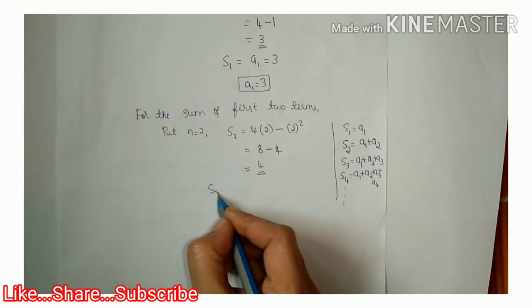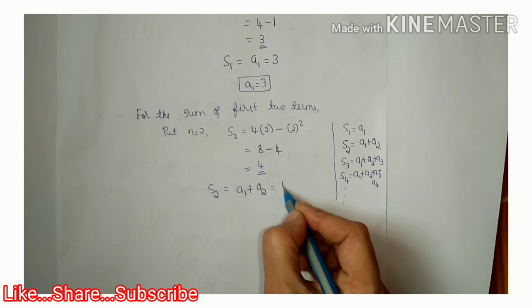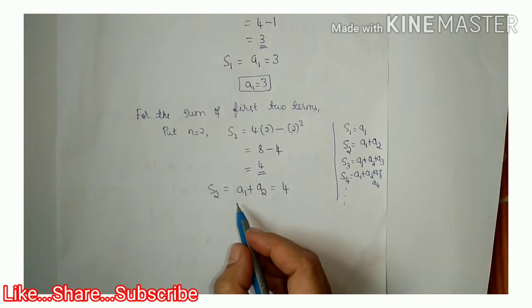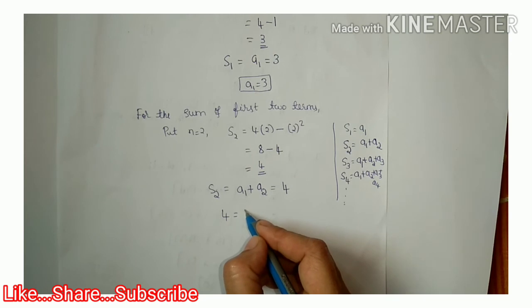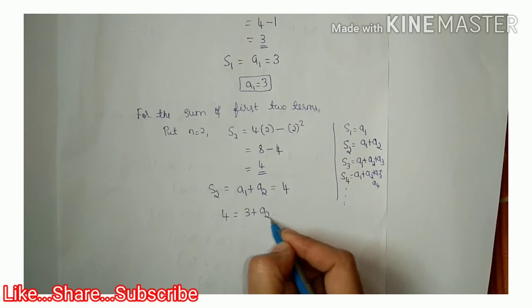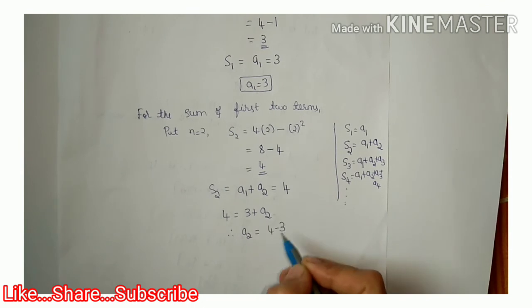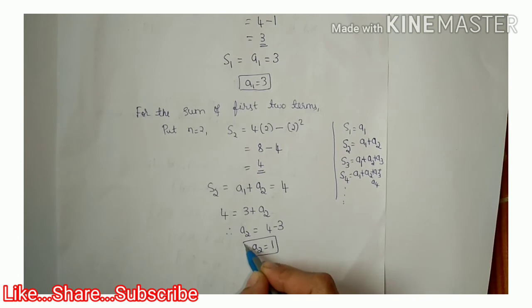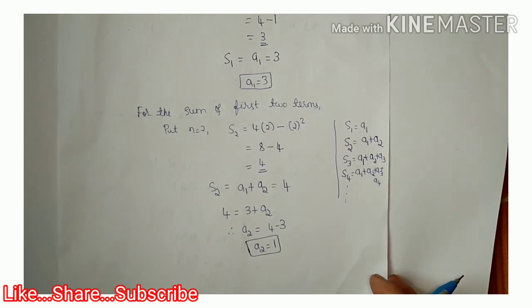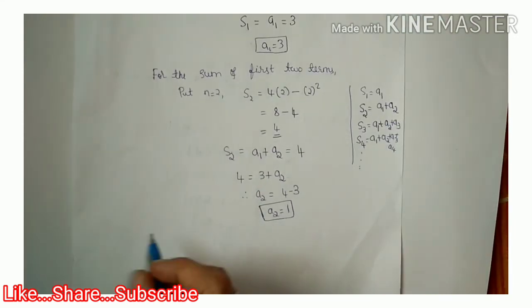Therefore S2 is equal to a1 plus a2 is equal to 4. Here we know S2 is 4, a1 is 3, plus a2. Therefore a2 is equal to 4 minus 3, a2 is equal to 1. The second term is 1.